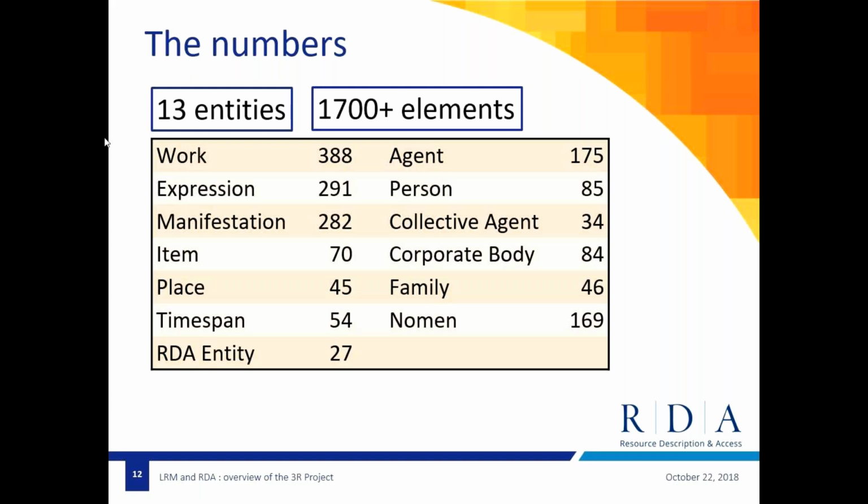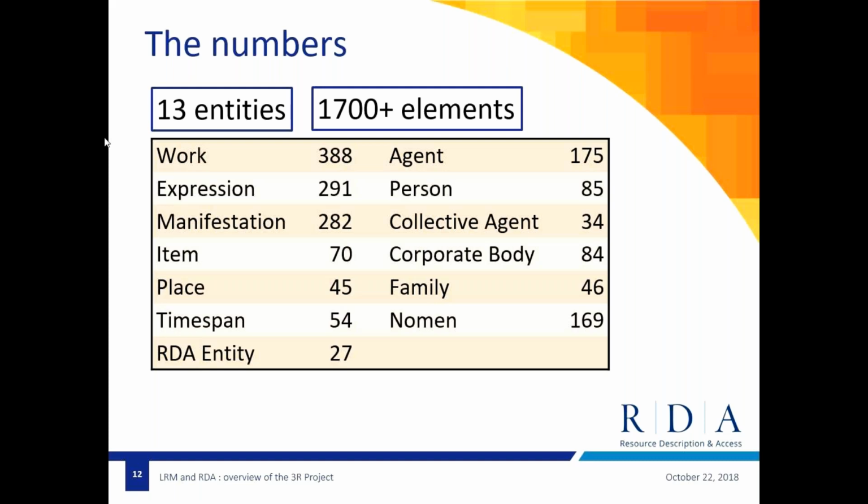Work wins the count prize with 388. The reason for that is that the relationships between works become much more important, primarily as a result of the treatment of aggregates and serials, which I'll talk about later.